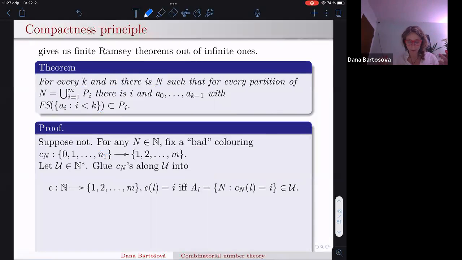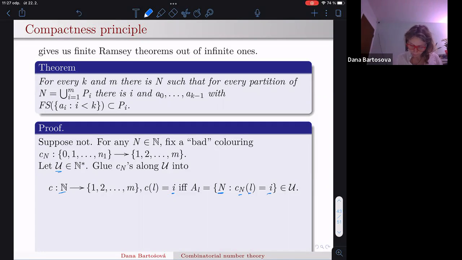So now I'm going to glue them along some non-principal ultrafilter. So again, what I need from my U is that every set is infinite. And I'm going to construct this coloring by saying that L, a natural number L, is going to take color i if and only if the set of n's such that the bad coloring at n thinks that L should get color i is in U. And this is also always going to happen for some i, right?